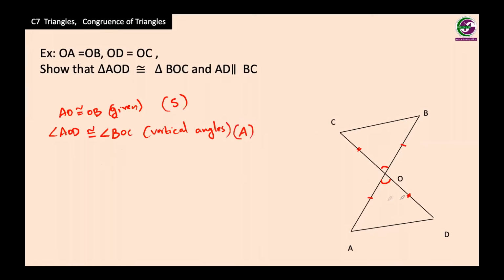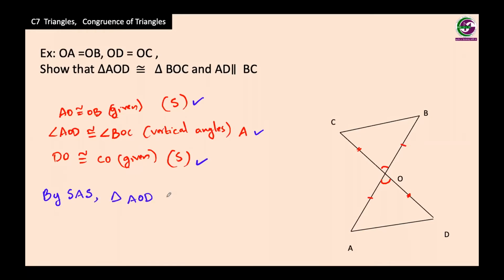Next, we also have another side, DO is congruent to side CO, it is given. So we have another side. So we can say by SAS, triangle AOD is congruent to triangle BOC.